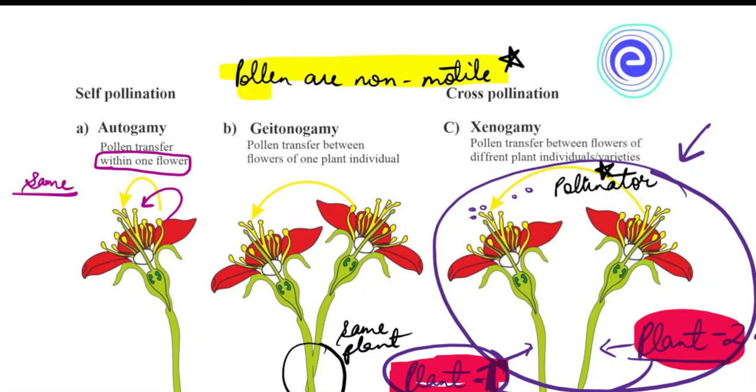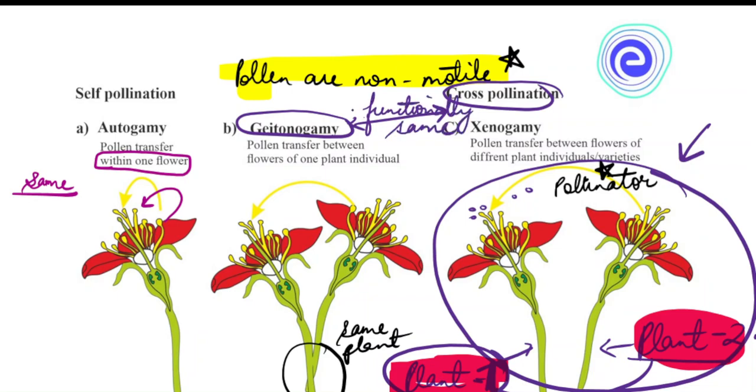So in Geitonogamy and cross pollination, both are functionally the same. Why functionally the same? Because both are using pollinators.